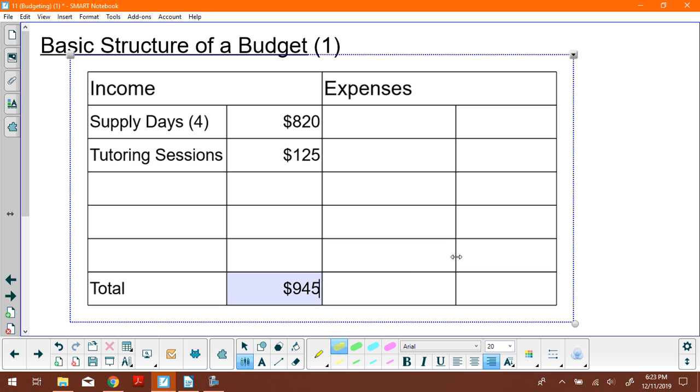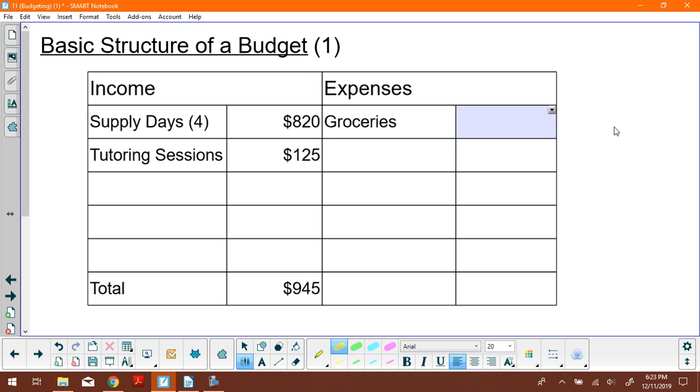Now I'm going to switch over and start listing out what my expenses were. So maybe I bought groceries, and let's say that cost over a couple weeks $215.